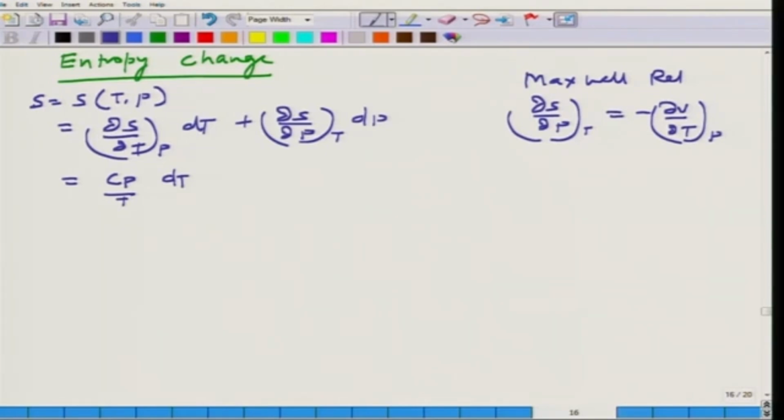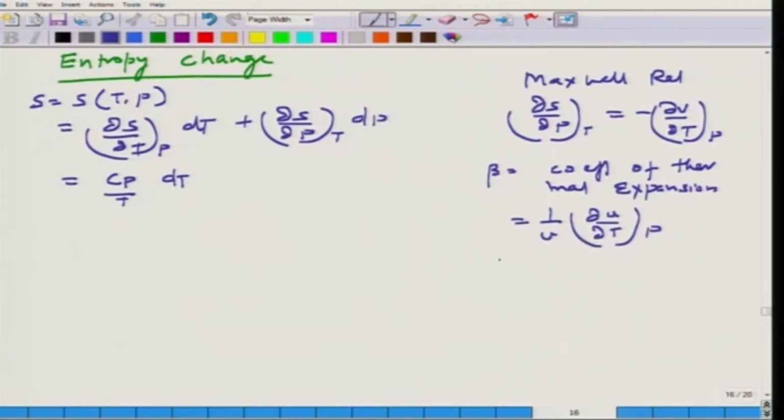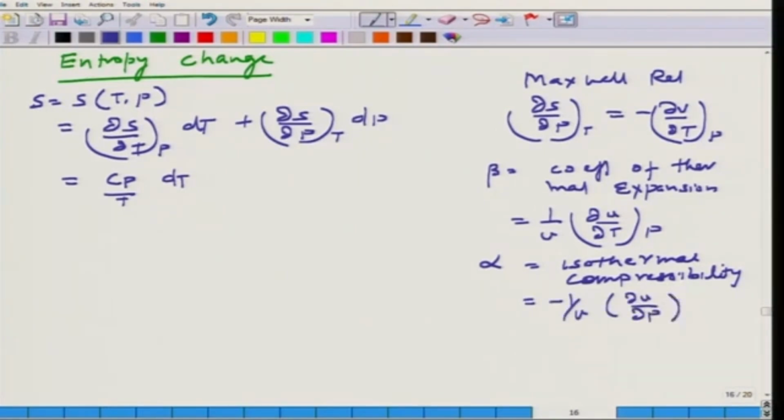The other thing which we are also going to define here is the coefficient of thermal expansion, beta, which is 1 by V del V by del T at constant pressure, and kappa, which is the isothermal compressibility, and this will be your minus 1 by V del V by del P at constant T. So we are going to make use of these relations, the Maxwell relation, and these two variables which we have defined, which depend on the changes in the volume with respect to temperature or with respect to the pressure.